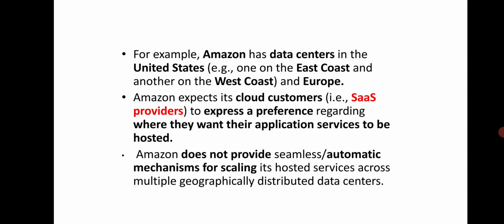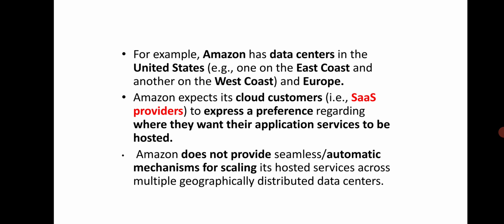For example, Amazon has data centers in United States and Europe. Amazon expects its cloud consumers to express preference regarding where they want their application services to be hosted.